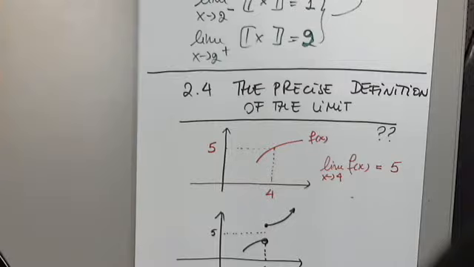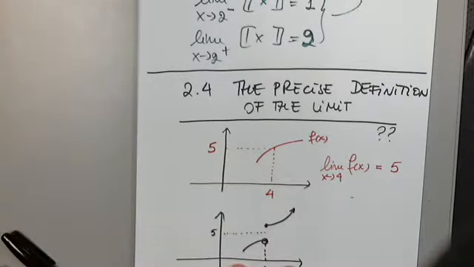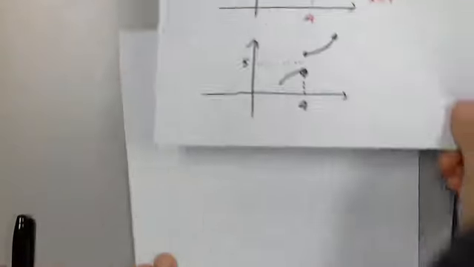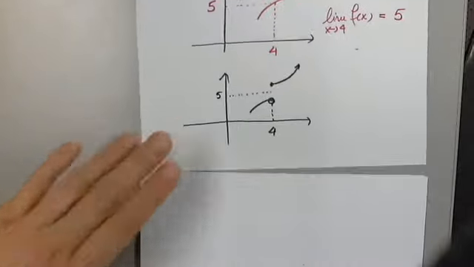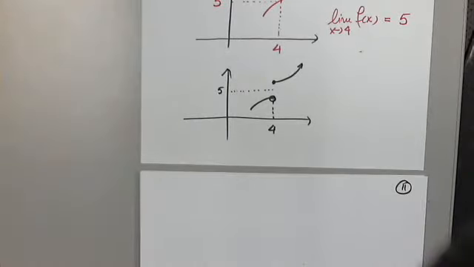So obviously the limit here exists in this situation, and the limit here does not exist. Keep in mind what I just said about zooming in, because that's very important. That's my next step. Okay. So why does the limit exist?